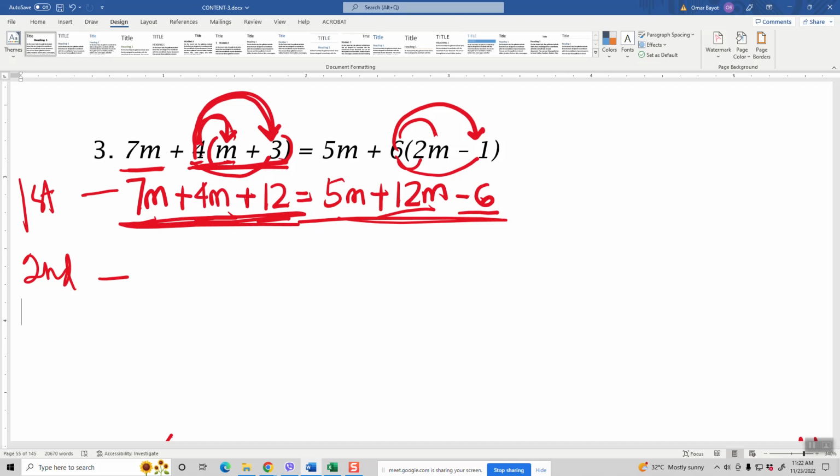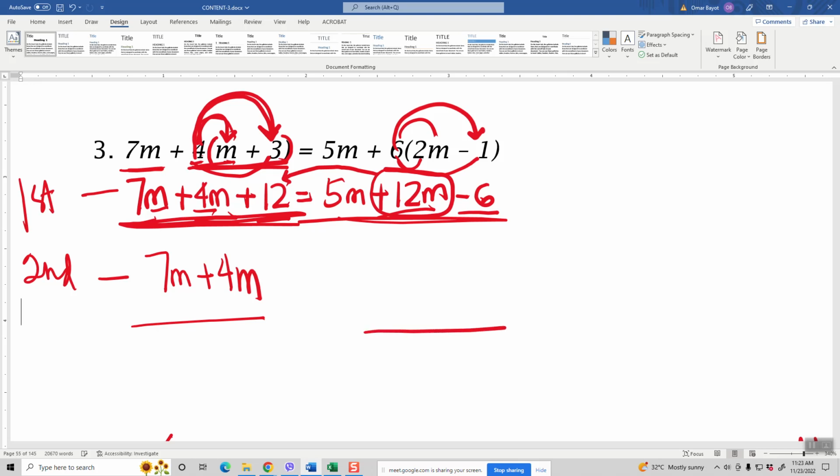What does that mean, class? Since 7, the variable here, the 7m, I will maintain it on the left member of the equation, and I will take the m variable on the right member of the equation and have it transferred to the other side. Because I want all the left member to have m terms, and on the right, the constant term.